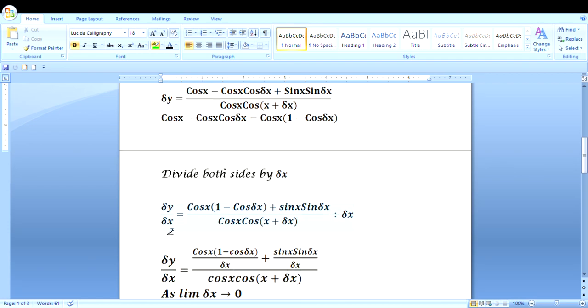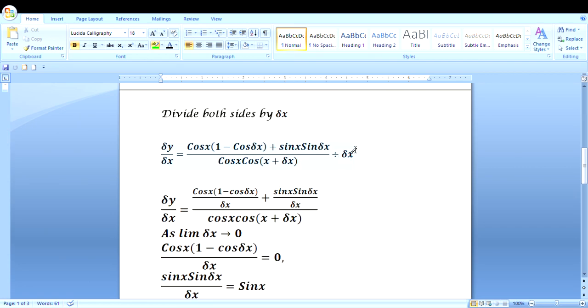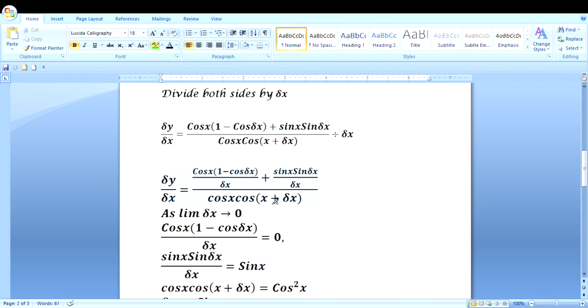If that is done, delta y over delta x is equal to cos x into 1 minus cos delta x plus sin x sin delta x, divided by cos x cos of x plus delta x, divided by delta x here. So this delta x will really affect the numerator of this expression, so that this becomes cos x into 1 minus cos delta x over delta x, plus sin x sin delta x over delta x. The denominator remains unaltered.